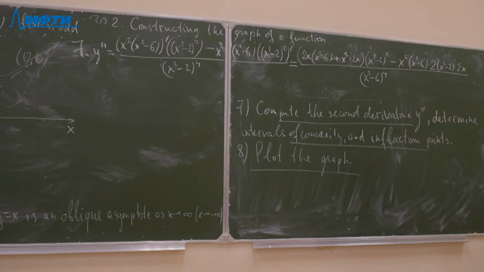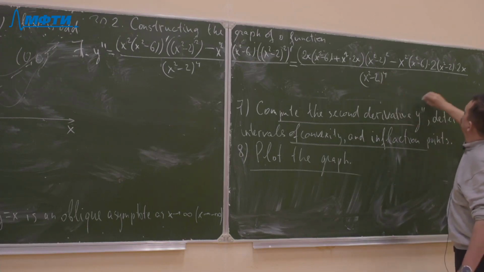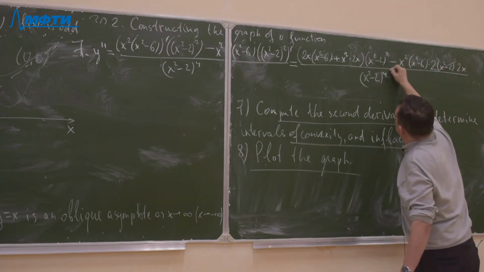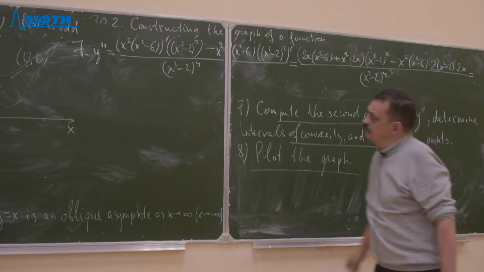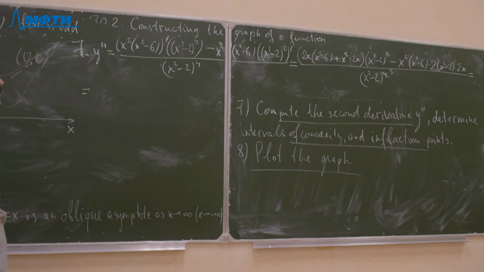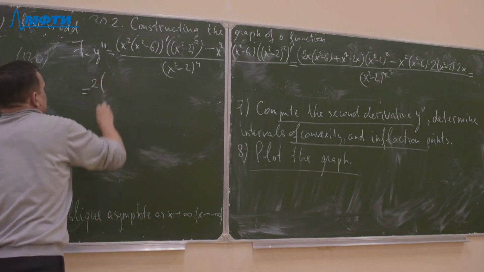Now we observe that we can cancel x squared minus 2, and after that we can take 2 outside as a common multiplier, right?